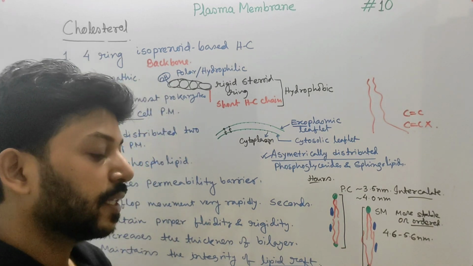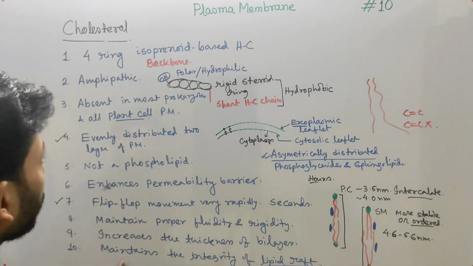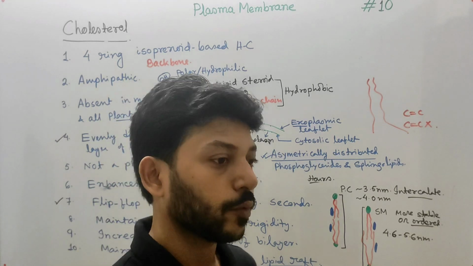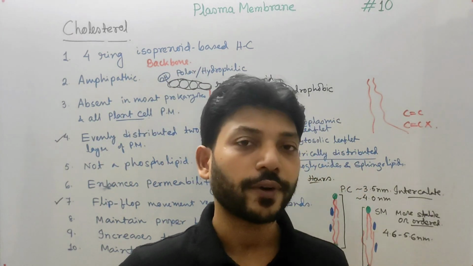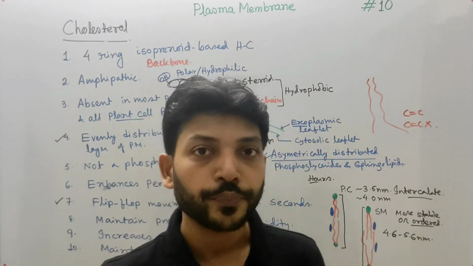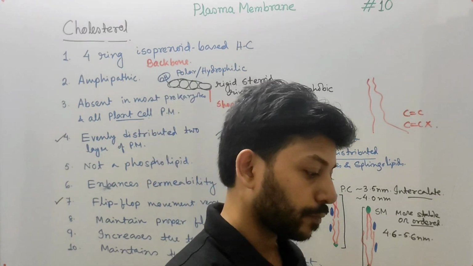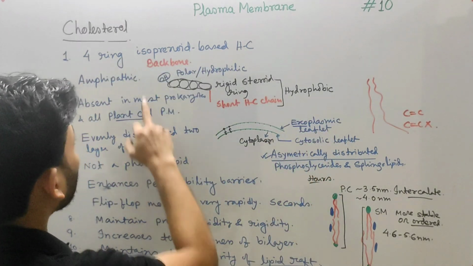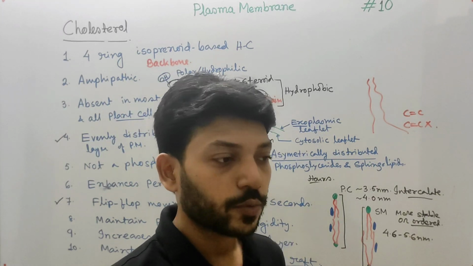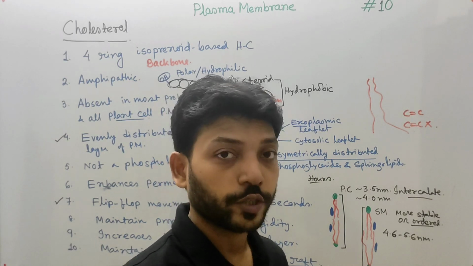Lipid rafts are basically some domains in the plasma membrane, and cholesterol helps to maintain the integrity of the lipid rafts. Integrity means, it has been found, and I will discuss this in my lipid rafts video, that if you extract all the cholesterol from the lipid rafts, they will be destroyed. They will not remain as they look when cholesterol is present.